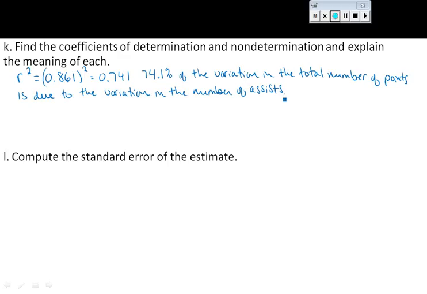So the variation in our dependent variable, 74.1% of it is due to the variation in our independent variable, which was our number of assists.